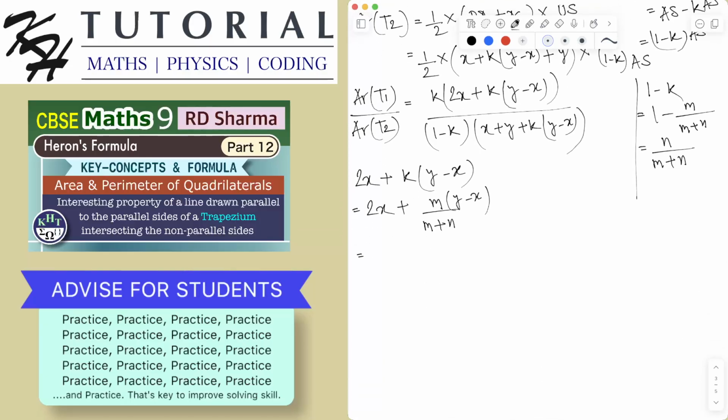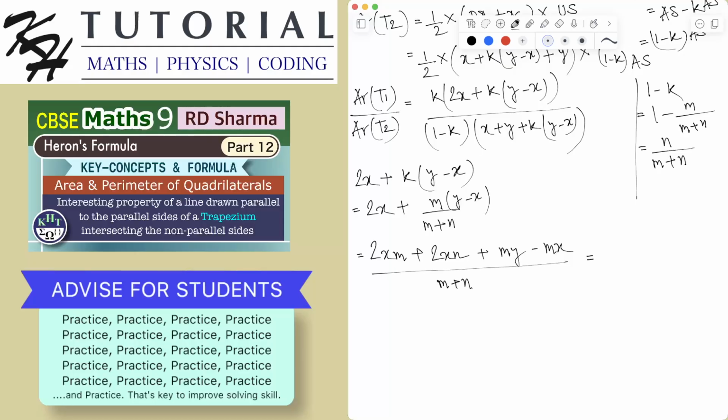So if I simplify, this is 2xm plus 2xn plus my minus mx, by m plus n.